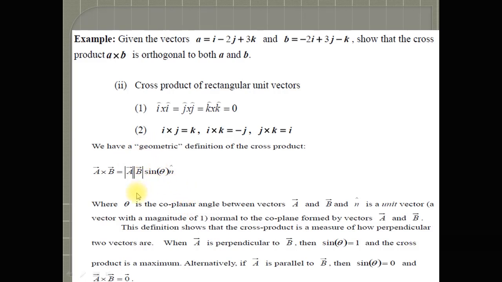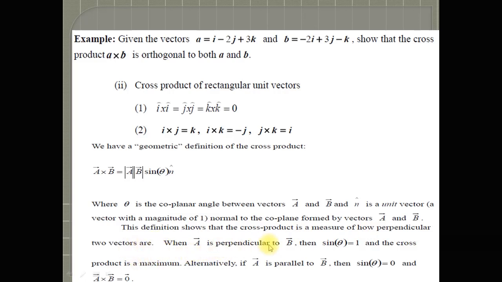And in this expression, theta is the coplanar angle between the vectors a and b, and n is a unit vector. A vector with magnitude 1 is called a unit vector, and normal to the plane formed by vectors a and b. This definition shows that the cross product is a measure of how perpendicular two vectors are.